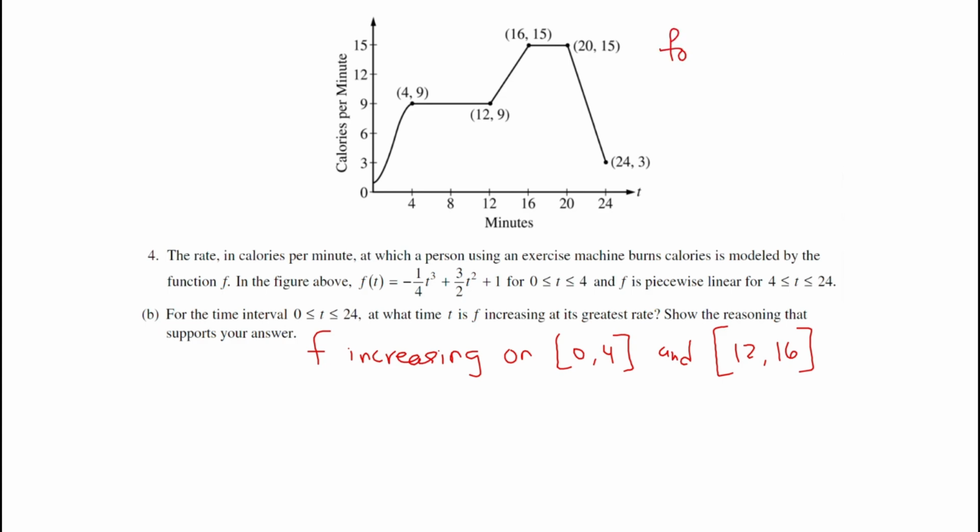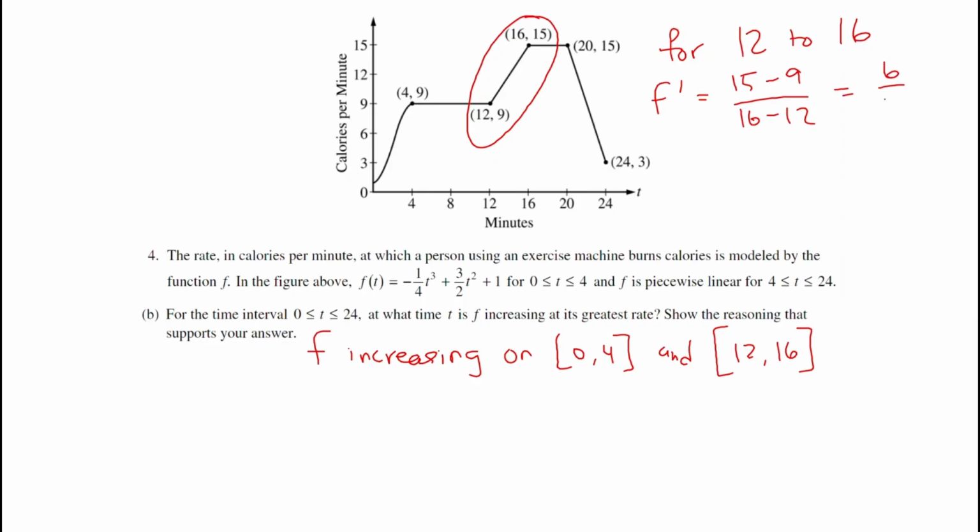So we'll say up here for 12 to 16, f prime is equal to 15 minus 9 over 16 minus 12, just those 2 points there, which is 6 over 4, or 3/2. So we know that from 12 to 16, it's 3/2. That's easy.